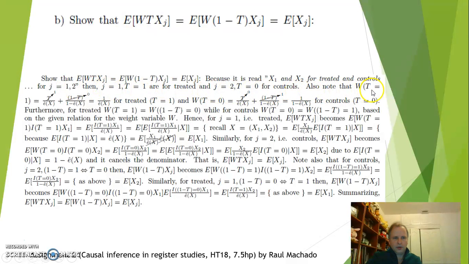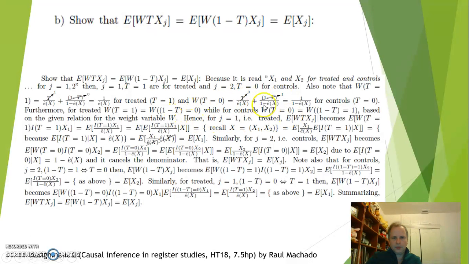Note that the weight when treated is 1, and if we aren't treated, it becomes this part, which is the same as 1 minus T equals 0, which means this part is 0, of course, and there will be 1 here. And for the controls, it's the opposite. This will be 0, and this will be 1, so you get this, which is equivalent to saying that this is equal to 1, and of course the other will be equal to 0.